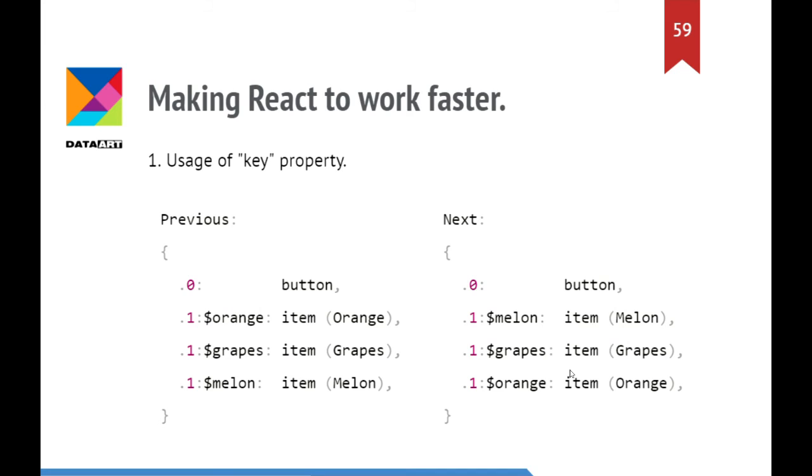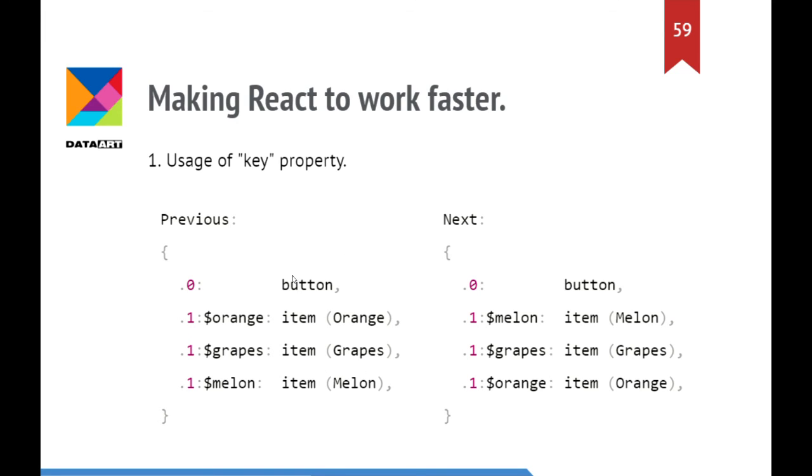Okay, but when we provide the key property, our names for keys inside of the object will look like this. They will have some additional unique name, like .1 is orange, and it's orange, grapes, and melons, and so on.